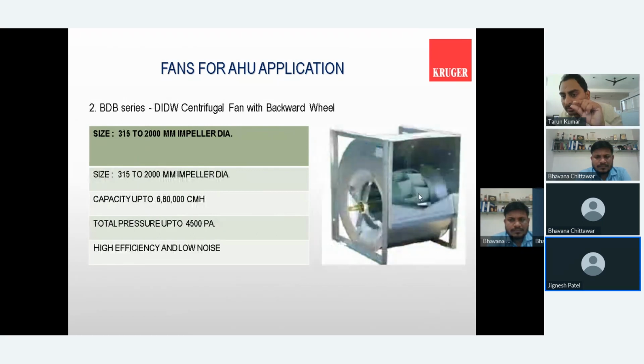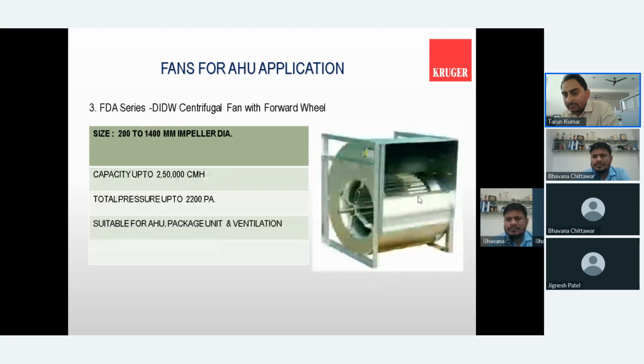It is available in both directions, counterclockwise and clockwise. What you are seeing here is clockwise right now, and you can see the blade is in the backward direction, sir. You can see, the backward direction one is identifiable, but forward.